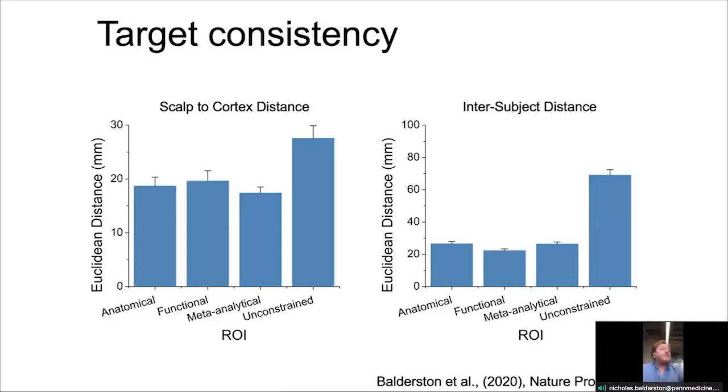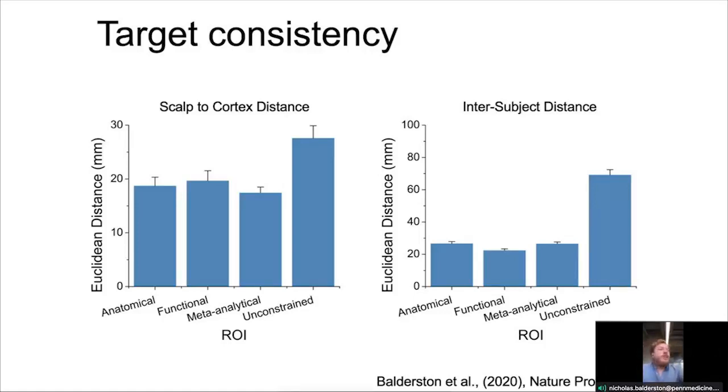It also keeps you a little bit closer to the surface of the cortex, and that's important for the next part. You want your target to be closer to the surface because that's where the E-field is strongest, and that's going to allow you to most accurately use the E-field models to optimize the stimulation.